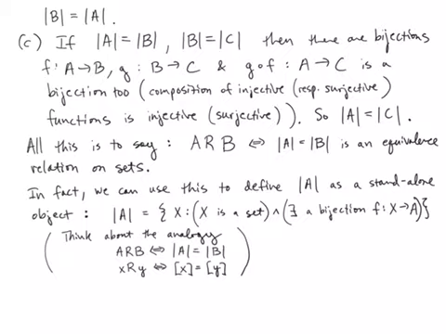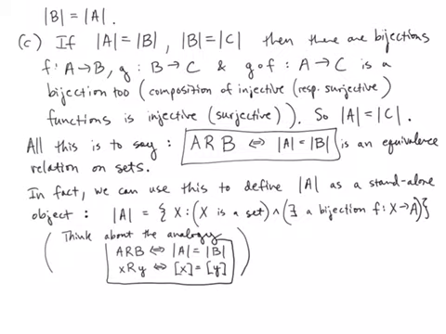So it's basically all the sets with the same cardinality as A. Where that comes from is the analogy between A related to B if and only if cardinality A equals cardinality B, and what we know holds in the theory of equivalence relations, which is that X is related to Y if and only if the equivalence class of X is equal to the equivalence class of Y.